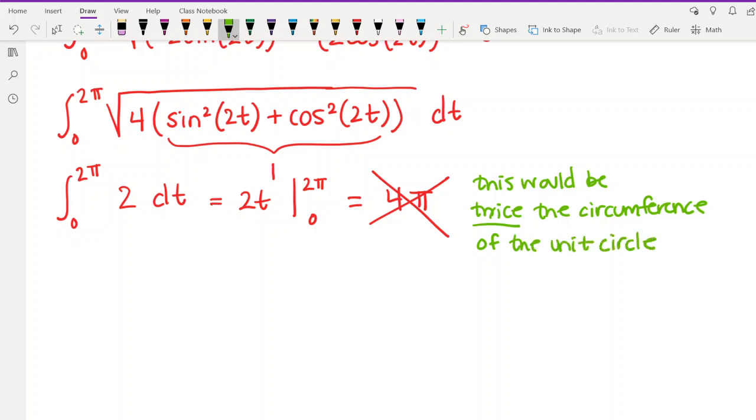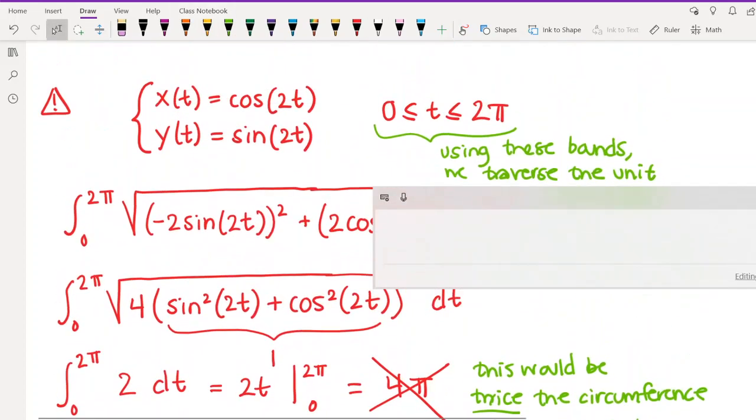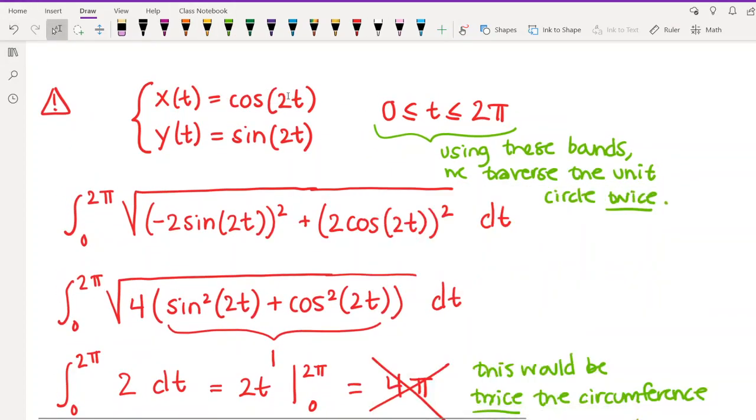If you really wanted to use this parametrization for some reason, because it is a fine parametrization, there's nothing wrong with using it. The issue is the bounds. So what would you need to do to get the correct answer? You would need to change this to just from 0 to pi, because then you would only traverse the unit circle once.